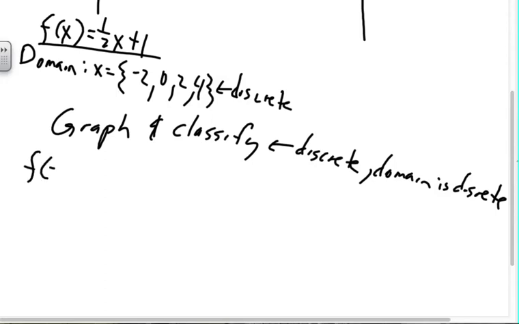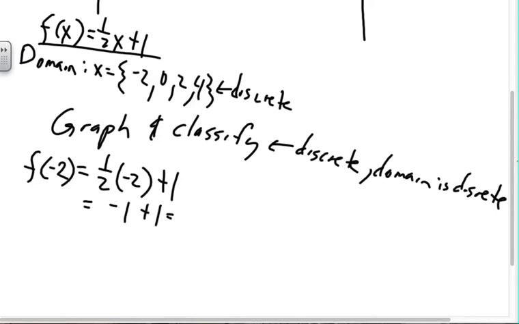So we get f of -2 is going to equal 1/2 of -2 plus 1, which is going to equal -1 plus 1, which is 0.